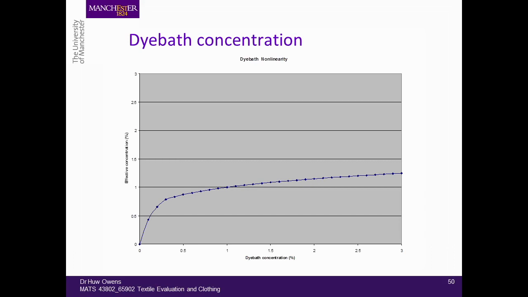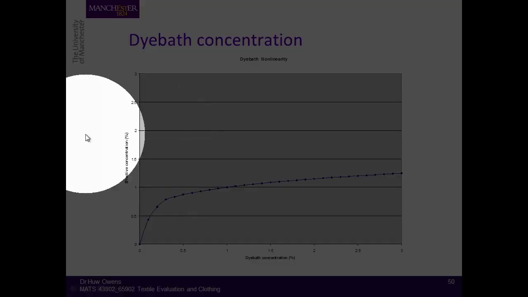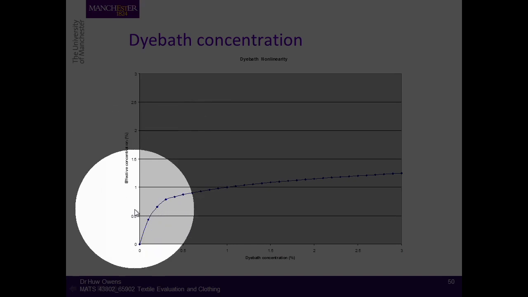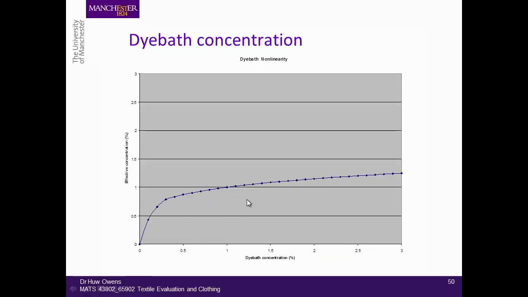It just won't go any darker, it won't get any more colourful. So the effective concentration is the level that we can get to. We can't get any more dye onto that fabric, regardless of how much the concentration of the dye is in the dye bath.